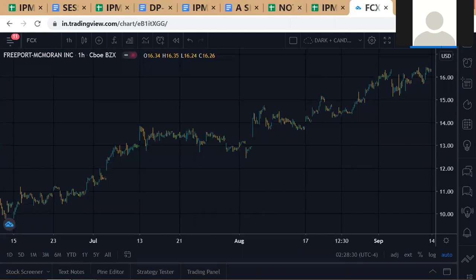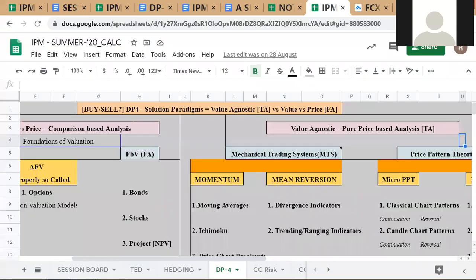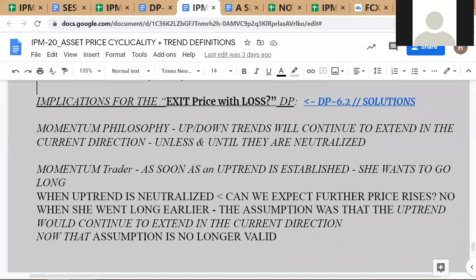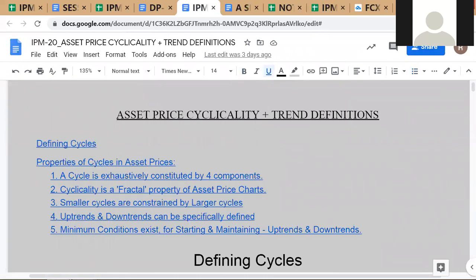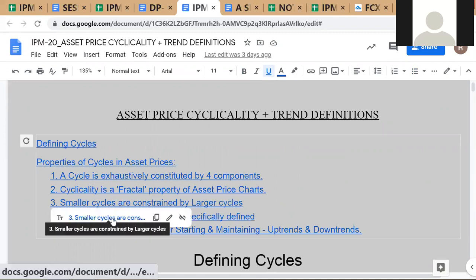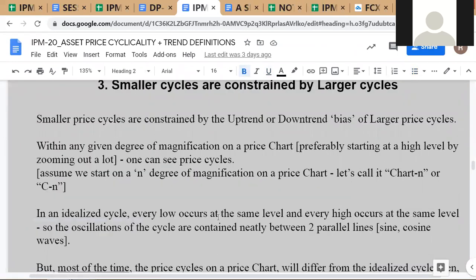So the answer to that is because if you remember, one of the other important properties of cycles that we studied when we looked at cyclicality, one of the properties was smaller cycles are constrained by larger cycles. So what we meant by that was that there is a sequence, the smaller cycles are just tracing out the uptrends and downtrends within the larger cycle.